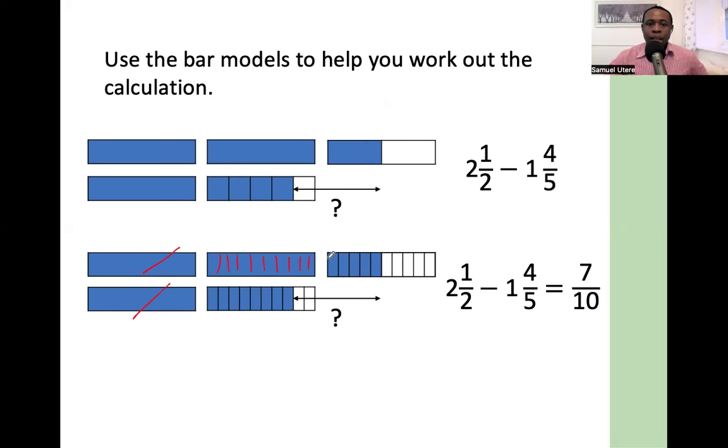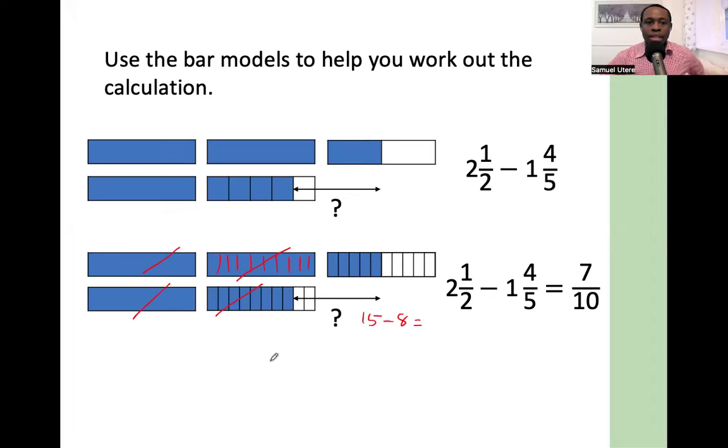Altogether, we have 15, so now we have enough. So it's like saying 15 minus 8, which is 7/10. That cancels that off, but we'll be left with 2 more here, which we can add to this 5, which will be 7/10.